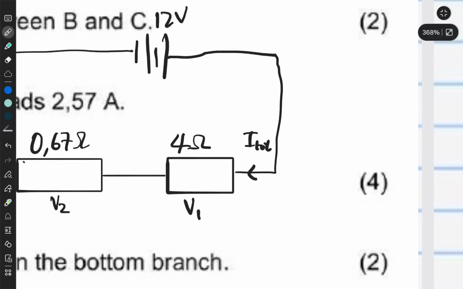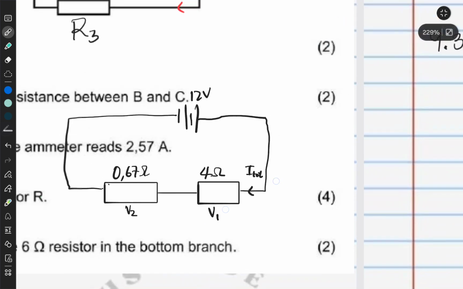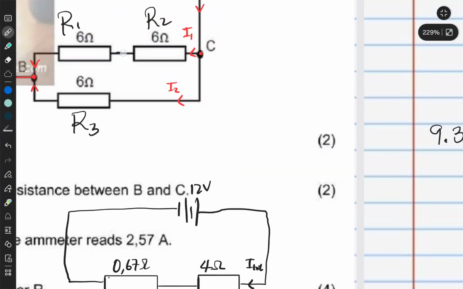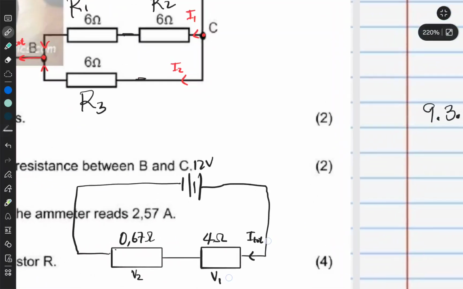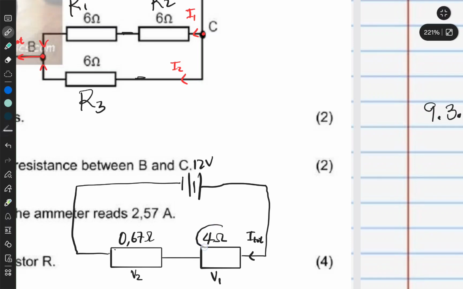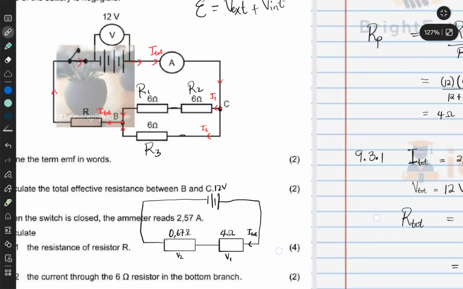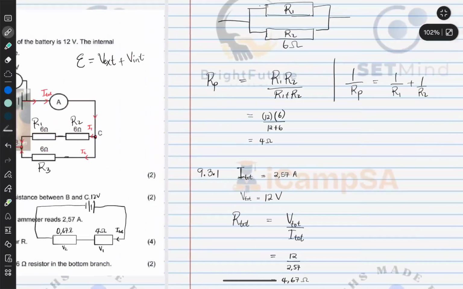So we can find the voltage for the 4 ohm resistor. And if we find that voltage, it will be the same for branch 1 and branch 2, because it's the voltage across that whole branch, which has a total resistance of 4 ohms. Okay, so let's find what voltage would go there for our method 2.